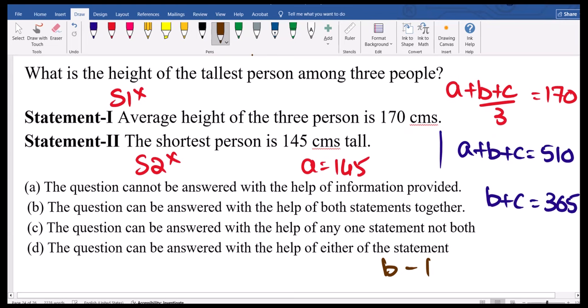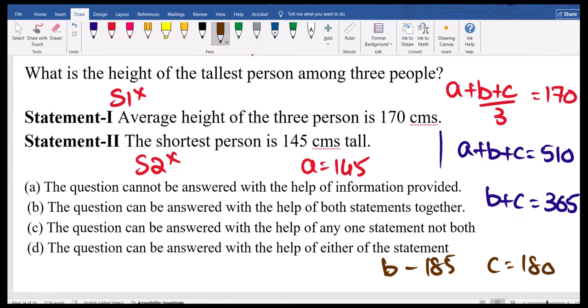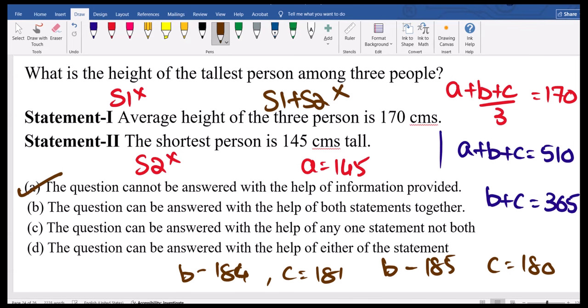B can be 185, C can be 180. Yes or no? Adding, 365 will come. Or B can be 184, C can be 181. So there are a lot of chances. I cannot calculate the height of the tallest person. So put together also cannot be answered. Clear? Next.